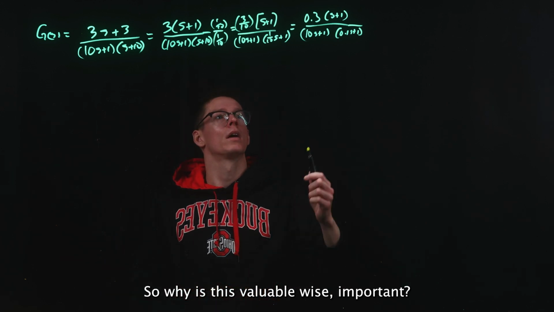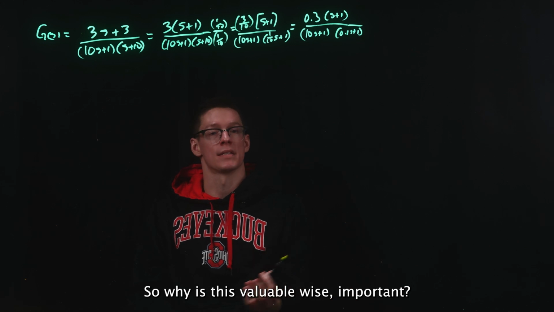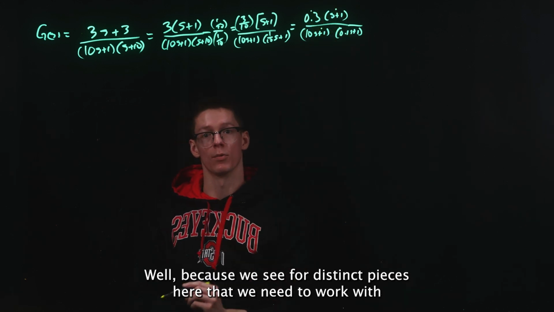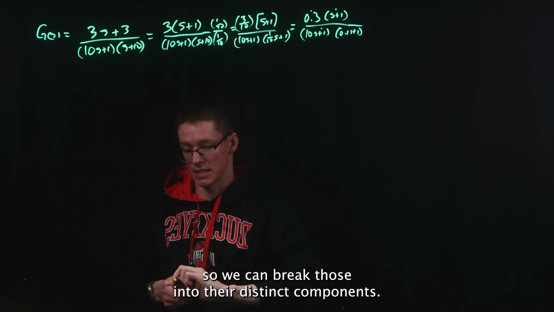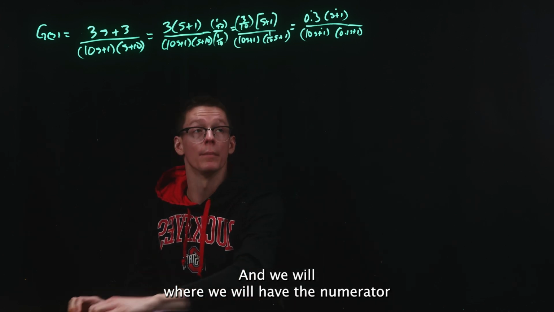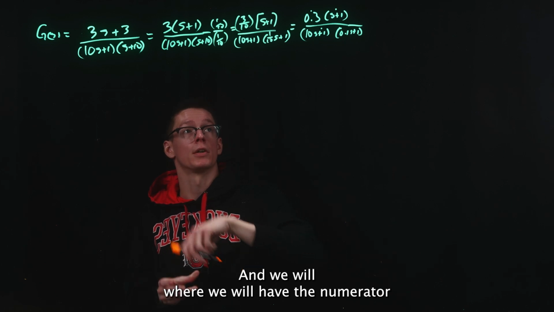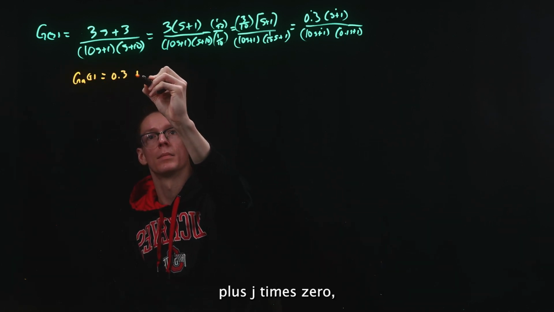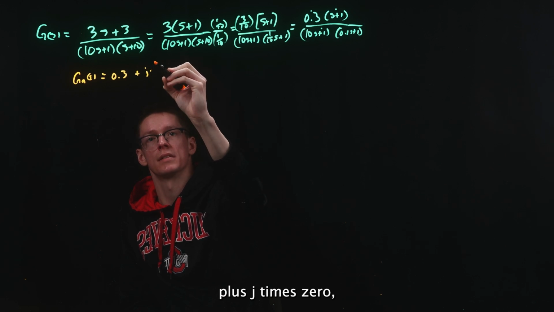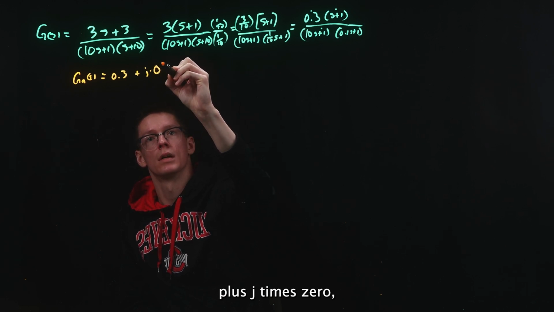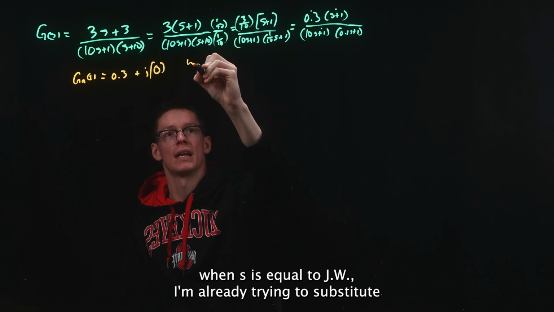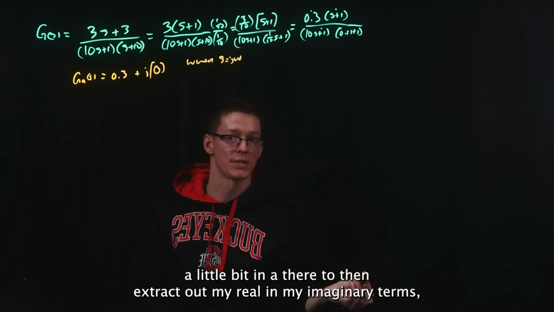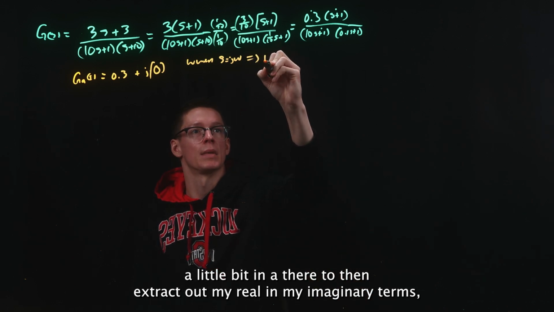So why is this valuable? Why is this important? Well, because we see 4 distinct pieces here that we need to work with. So we can break those into their distinct components, where we will have the numerator, GA of s, is that 0.3 plus j times 0, meaning that when s is equal to jw, I'm already trying to substitute a little bit to then extract out my real and my imaginary terms.